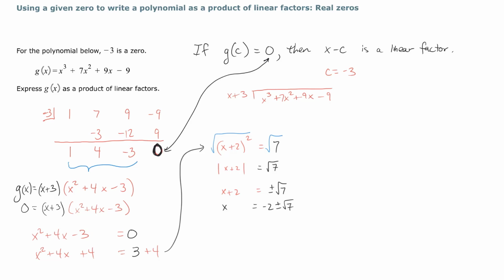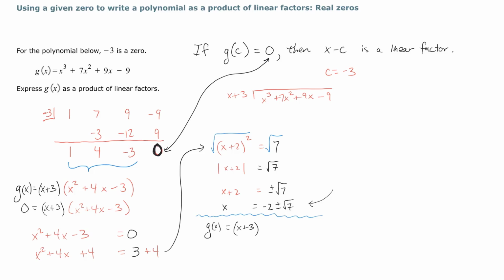We're not done yet. We need to write g of x as a product of linear factors. So g of x is equal to x plus 3. And in order to get linear factors here, we work backwards from here. We know that these are the zeros of the polynomial.